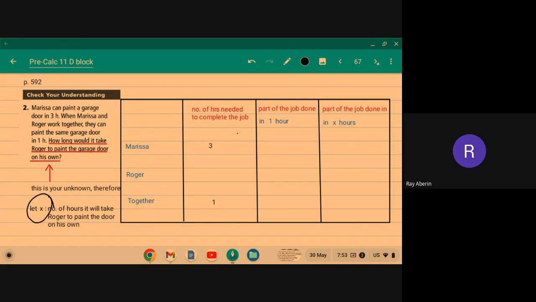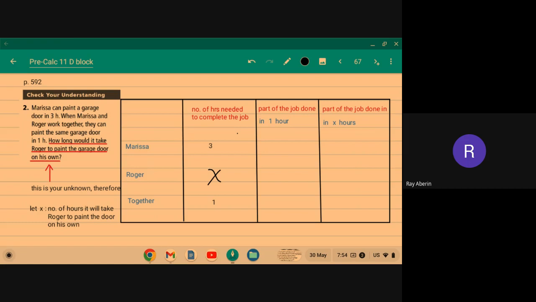Well, we already defined that as our variable, so it will take him X number of hours. Now, to solve questions like this in math, you always have to think in terms of a unit, meaning in terms of 1 hour. So we are going to look at what part of the job is done by each person, and both persons working together, in 1 hour.